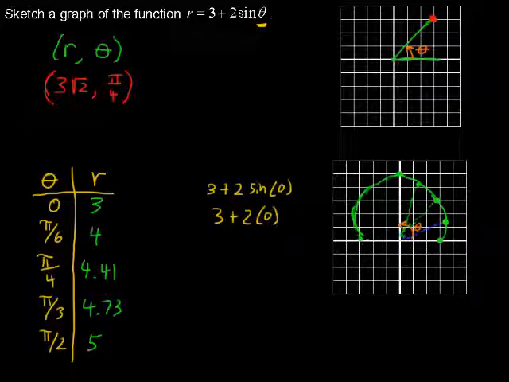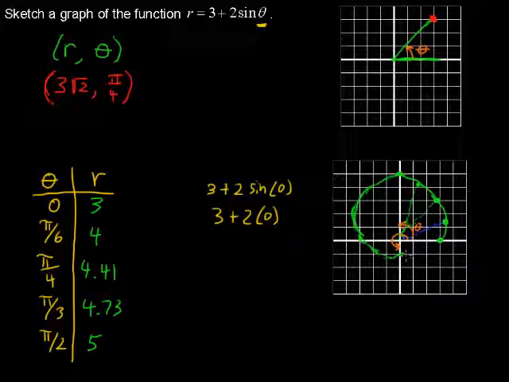So if we go beyond this, this is through pi radians here. If we go beyond pi radians, it kind of dips down and then it comes back up, and it's 1 unit away from the origin. The radius is equal to 1 when theta is 3 pi over 2, right there.